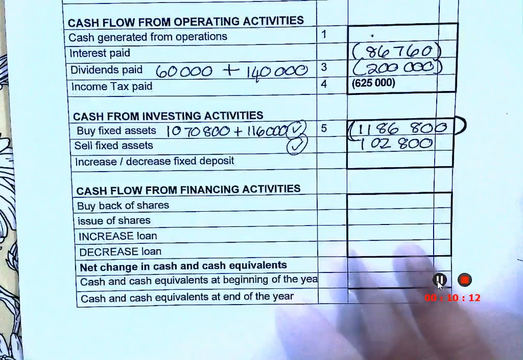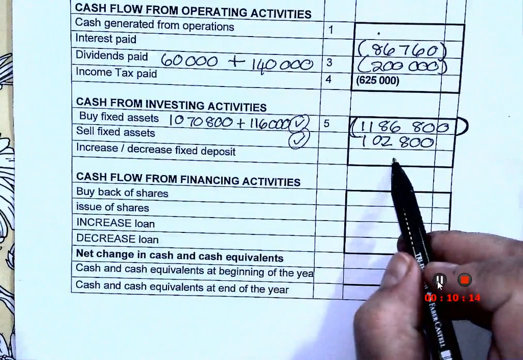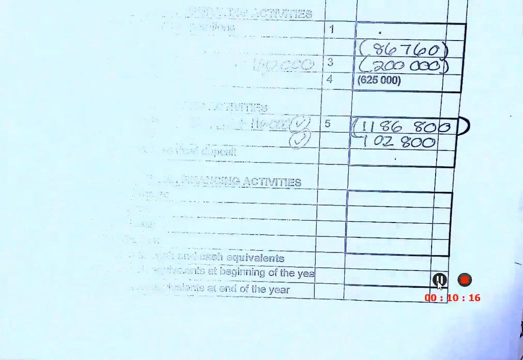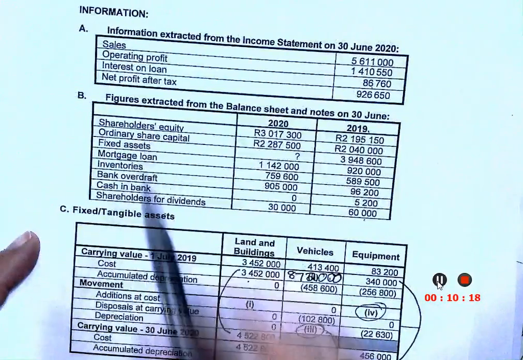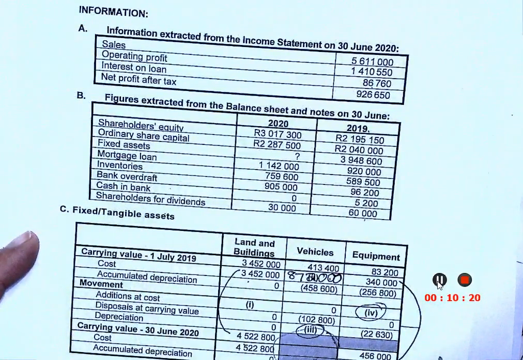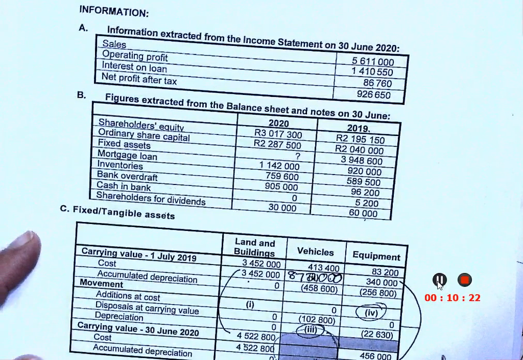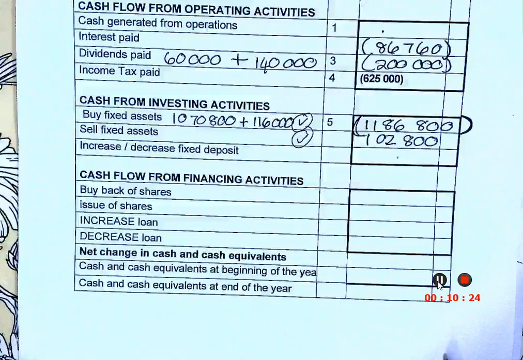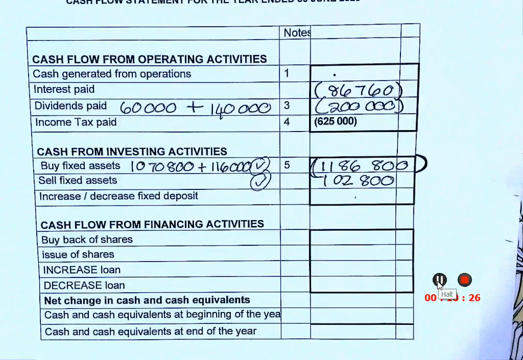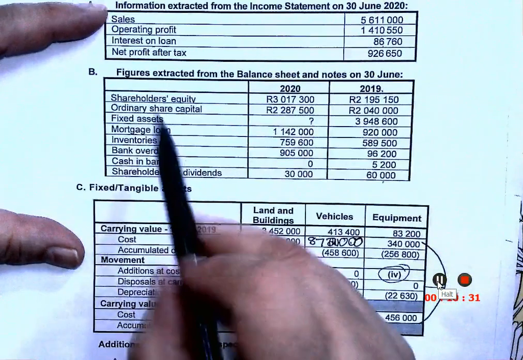Next one, I want to see, is there a fixed deposit? So I go to my balance sheet. Is there fixed? Okay, so let's go look. Do I see any fixed deposit or financial asset?